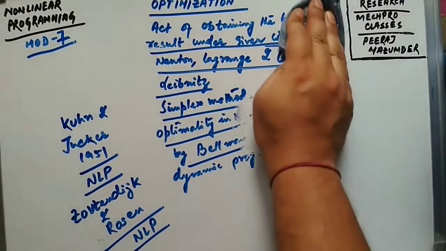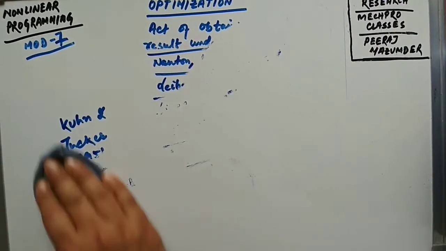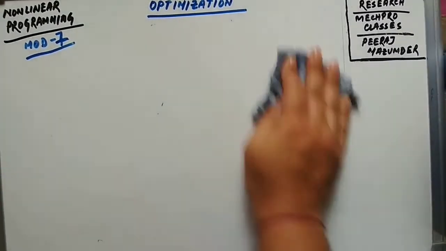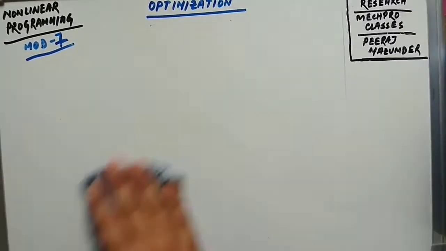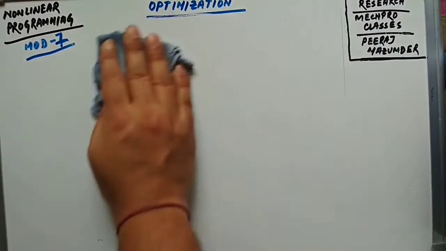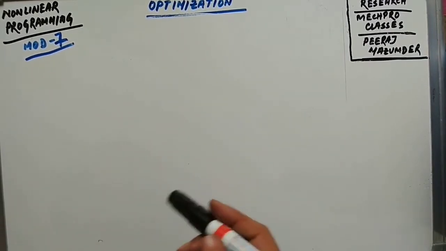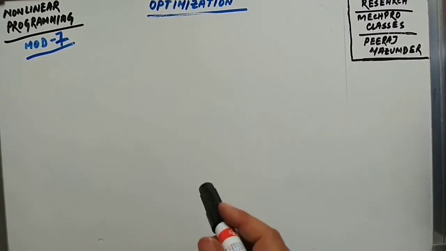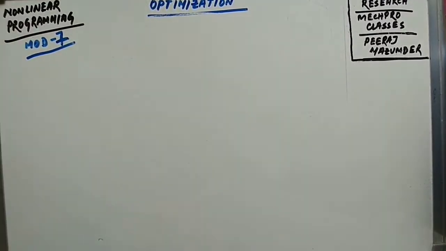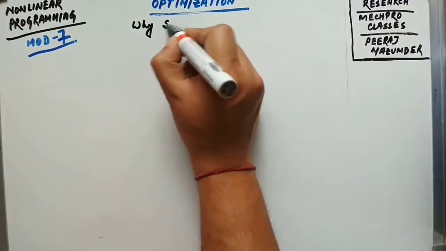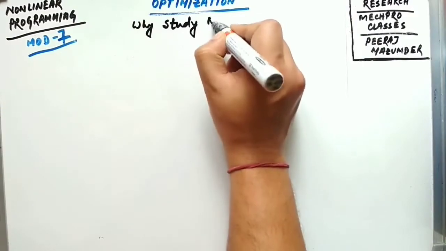So let us now come to the direct section of nonlinear programming, where we will see what are the main things behind the development of nonlinear programming from linear programming. Coming to this nonlinear programming, first we will study why study NLP, that is nonlinear programming.